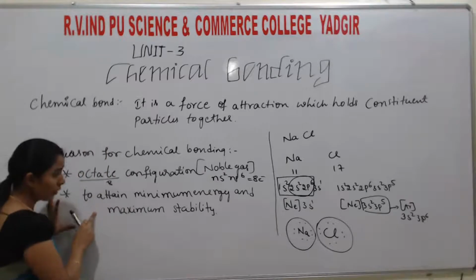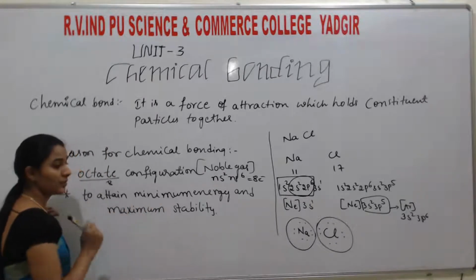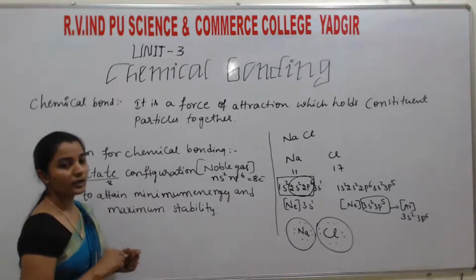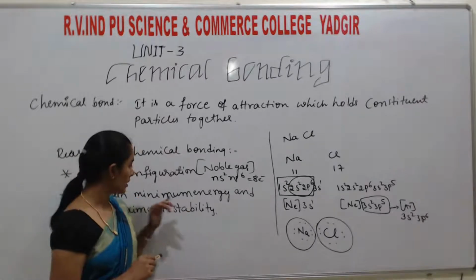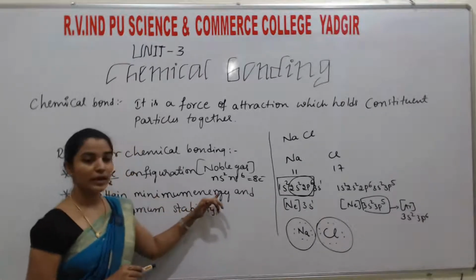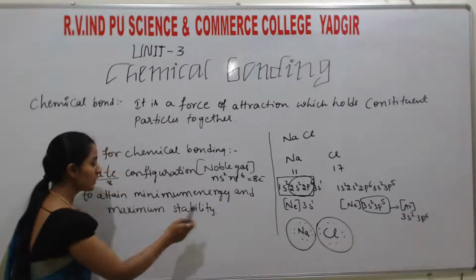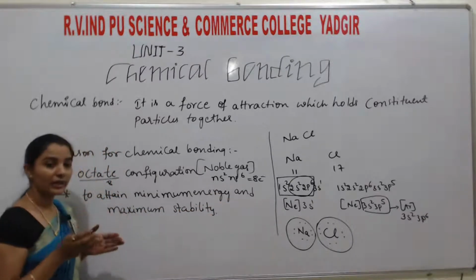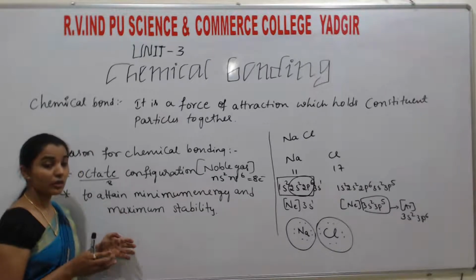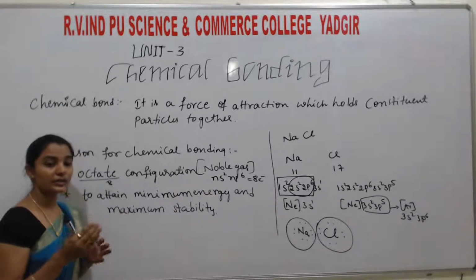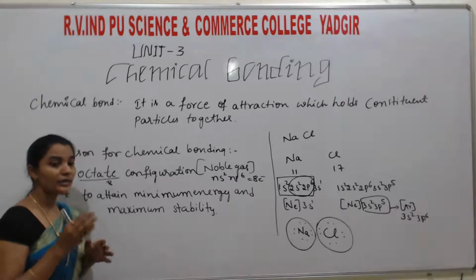Next, to attain minimum energy and maximum stability. Once the atom becomes stable, it attains minimum energy. It loses its energy. Understand? When it loses its energy, it becomes completely stable. A high-energy particle is unstable; a low-energy particle is stable.